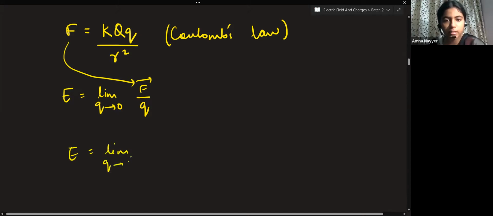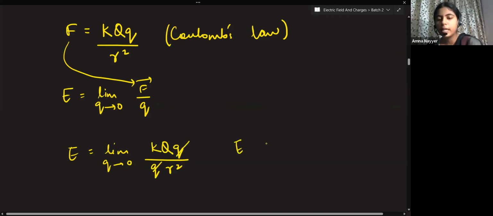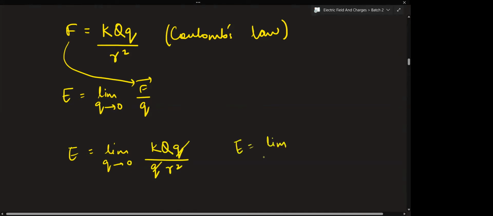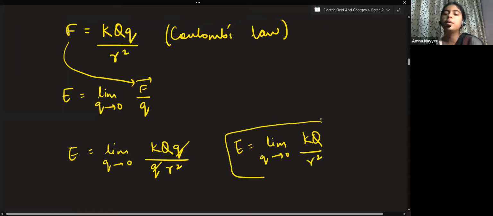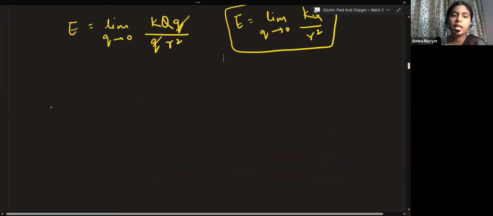Limit q tends to 0, force was K capital Q small q by R square, and here you have this test charge, small q, so small q gets cancelled. So electric field becomes limit q tends to 0, KQ divided by R square.